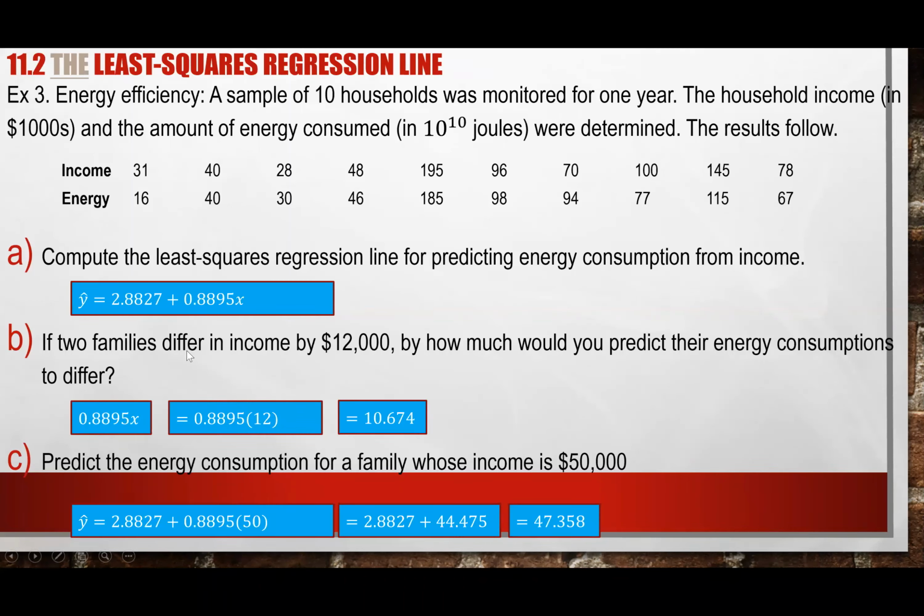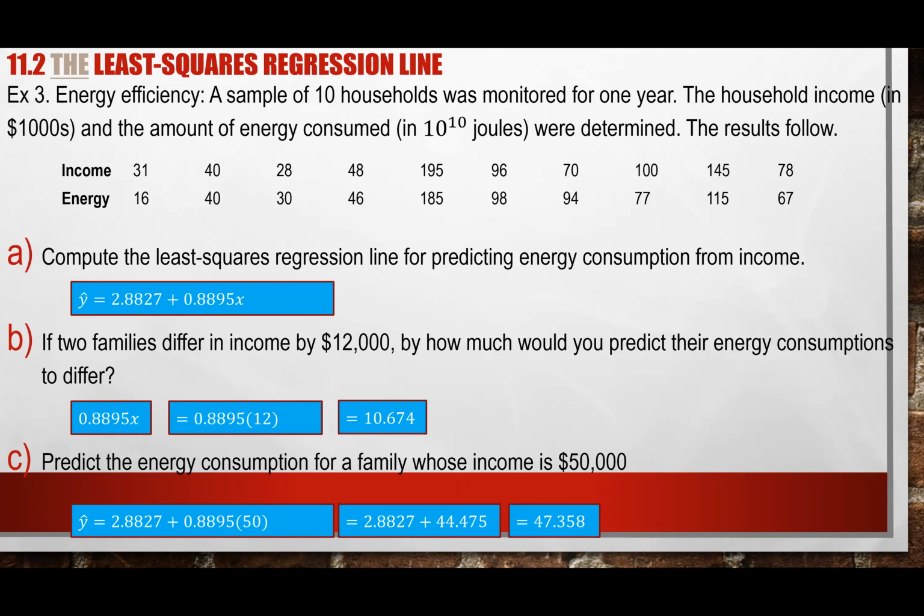If you want to do the whole equation for part B, you put the 12 in the whole equation and add the intercept too, and then do another one for 0, because we want to know the difference from 0 to 12.